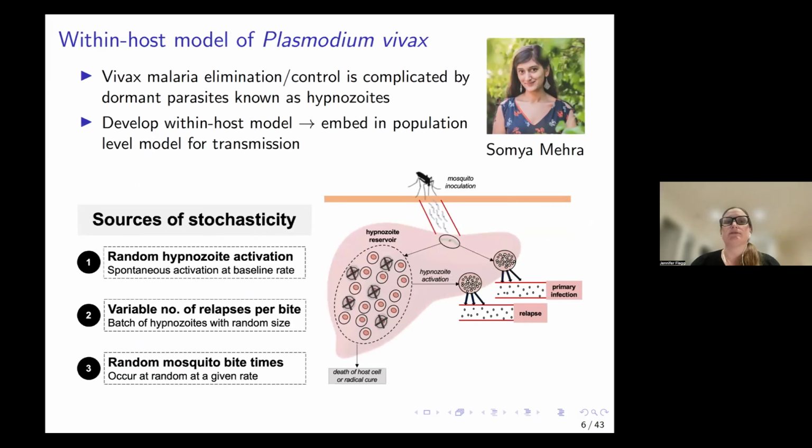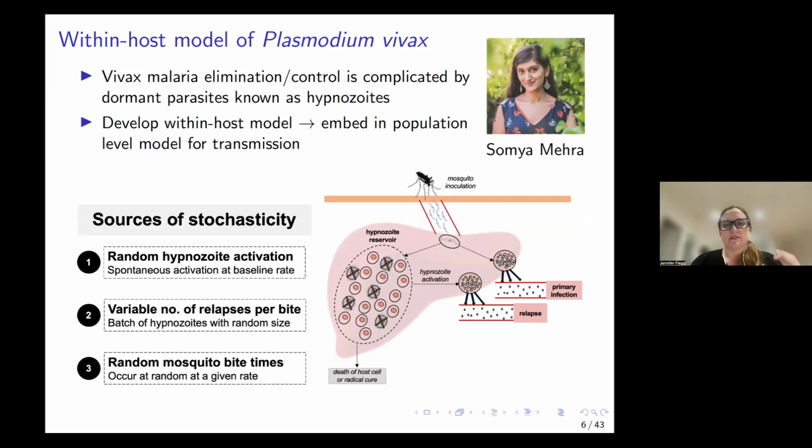As I mentioned before, Vivax control and elimination is difficult because of these hypnozoites that can be sleeping in your liver. You might not feel sick, so you might not know that you have these hypnozoites, and then a day later, you can feel sick from malaria symptoms. So we wanted to develop a within-host model of what was happening with these sleeping parasites, and then embed that later in a population level model for transmission.